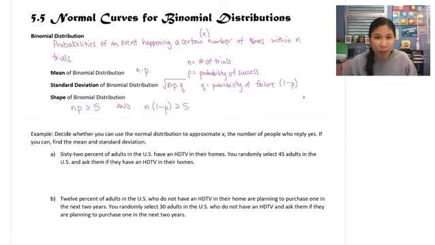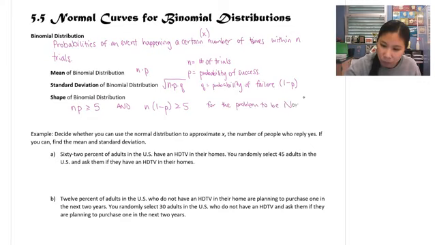If either one of these equations isn't true, then it is not a normal distribution. So if it's not normal, when either one of these equations is not true, then you can't do the problem at all. So, I mean, kind of a good thing.